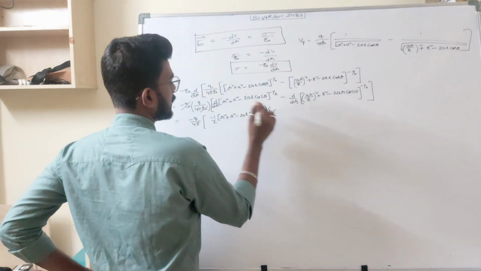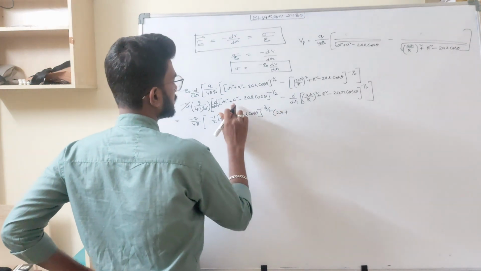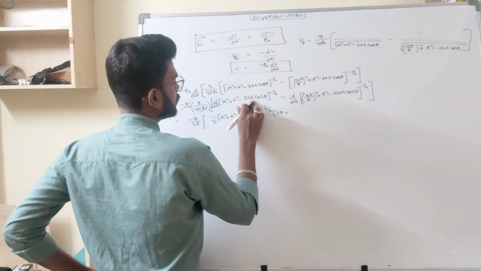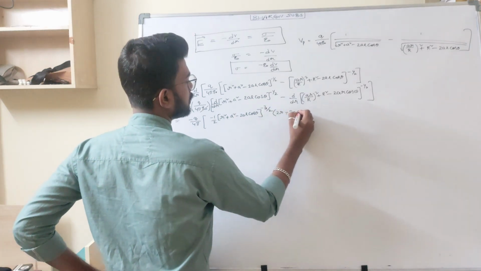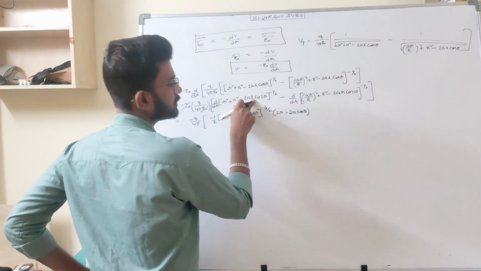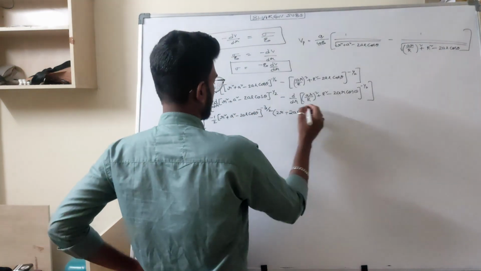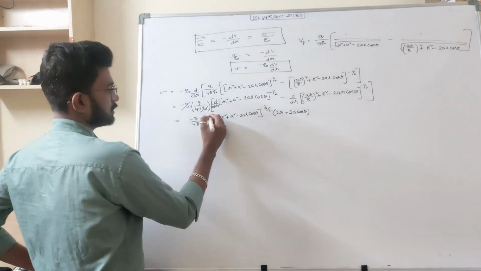Differentiation of r square is 2r, a square is constant so 0, and minus 2ar cos theta gives minus 2a cos theta, since differentiation of r is 1.